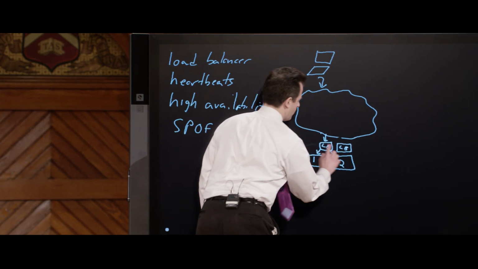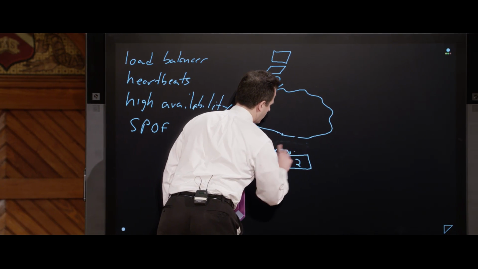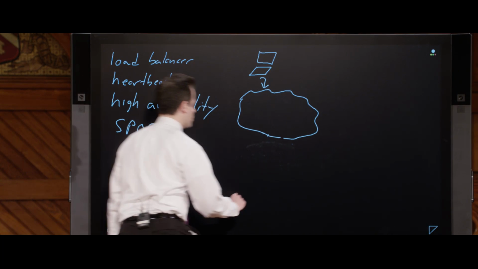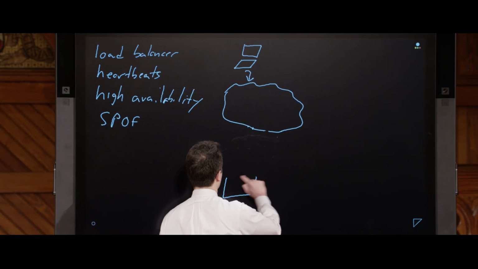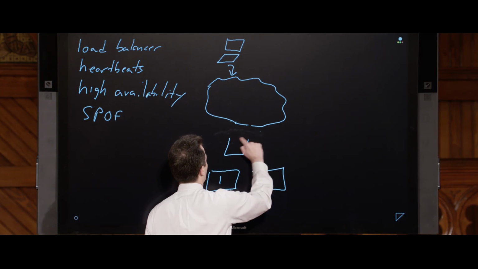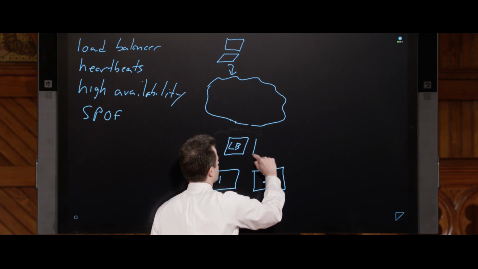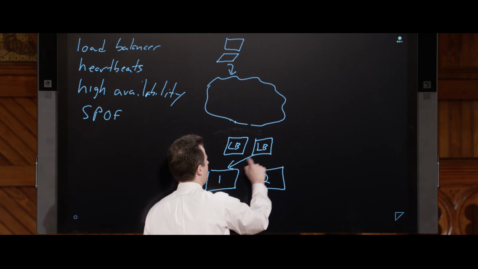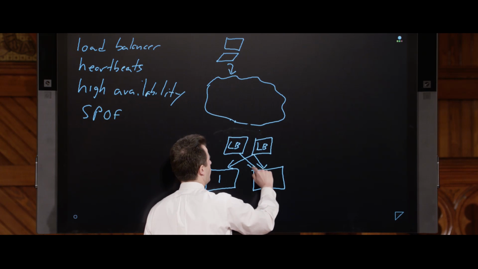Well, let me clean this up so that we have a bit more room to play with here, and consider how a pair of load balancers might actually work. So if my first server is here and my second server is here, and I'm proposing now to have 2 load balancers, one here and one here, surely both of these have to be able to talk to both servers.